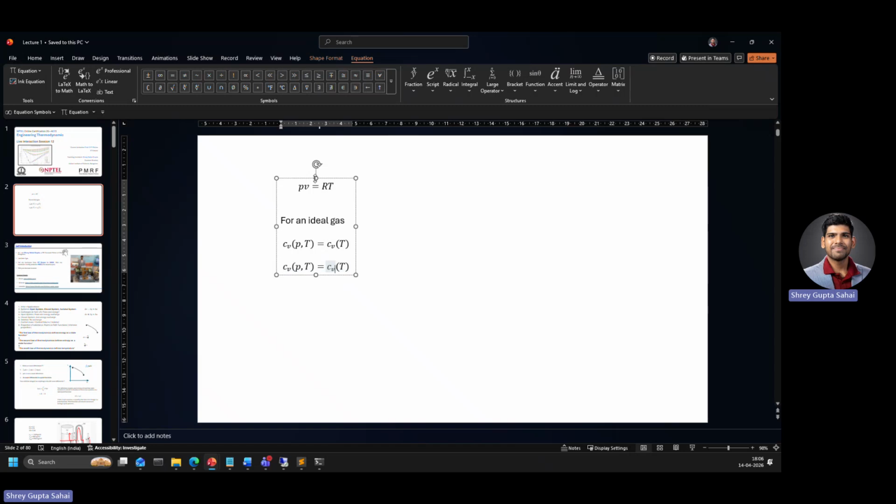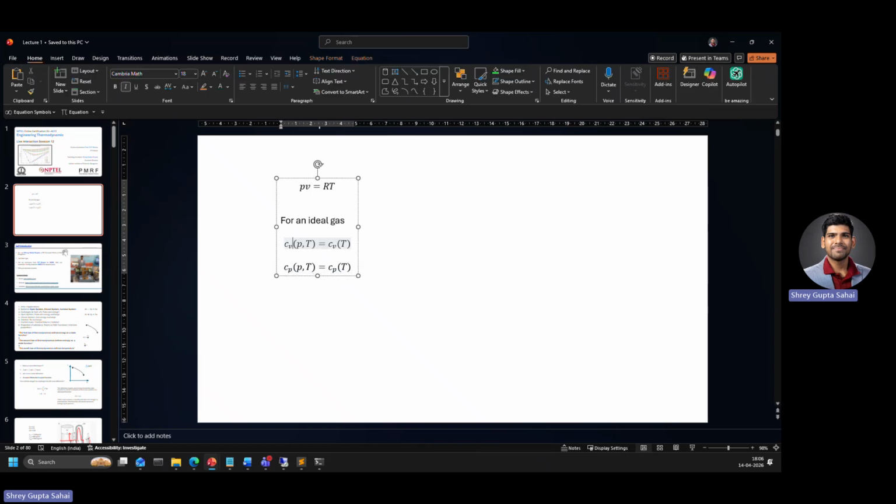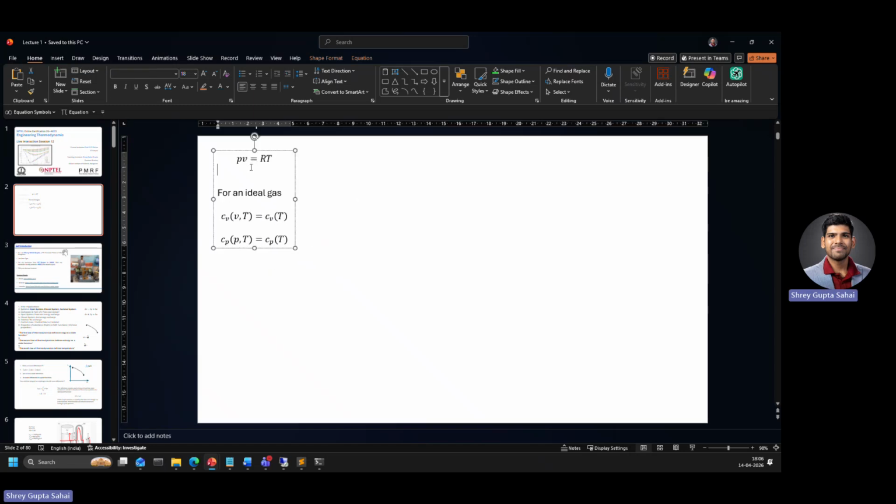By convention, this is what we write. Cp as a function of P and T is a general convention, and Cv is generally written as a function of V comma T. But again, for ideal gases, both dependence on P and V kind of drops away. Now, the question was to show one, and this is two, or three.